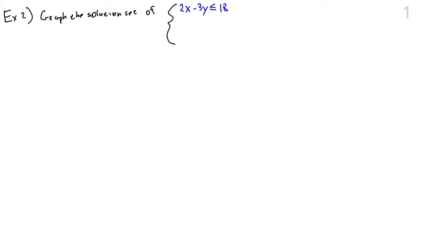The second inequality is x plus 4y less than or equal to 6. And the third inequality is 6x plus y greater or equal to negative 4. So we're going to solve this system.